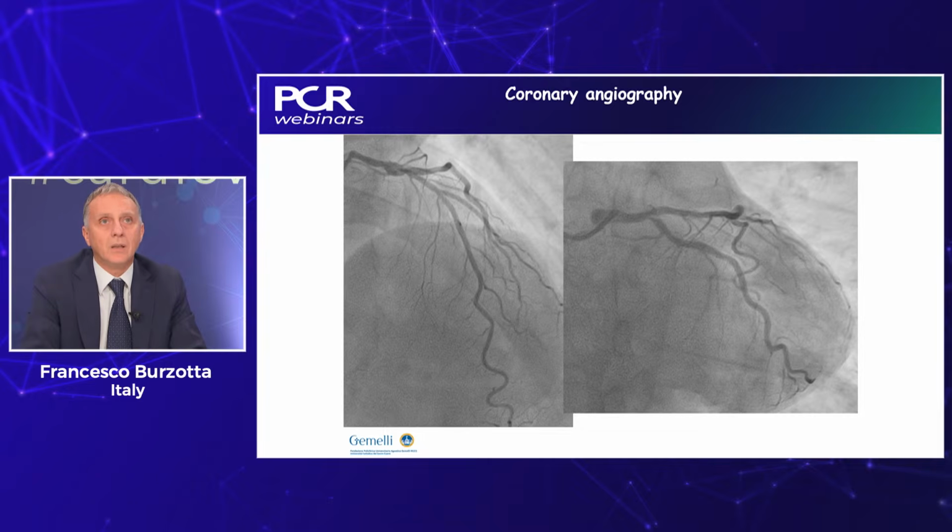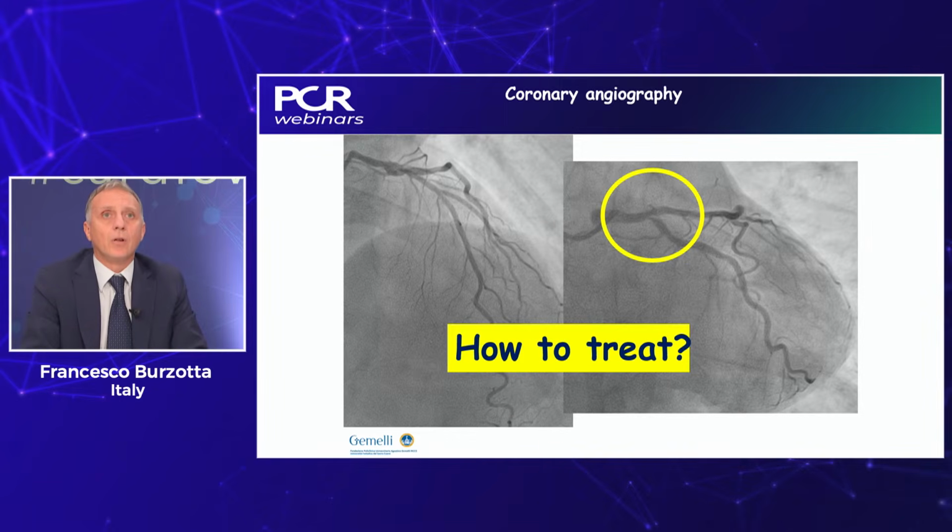Here you see the two views for the left system showing diffuse disease in the mid-LAD, but without clear stenosis. There is a tight ostial lesion on the circumflex, and there is also some irregularity in the distal left main.